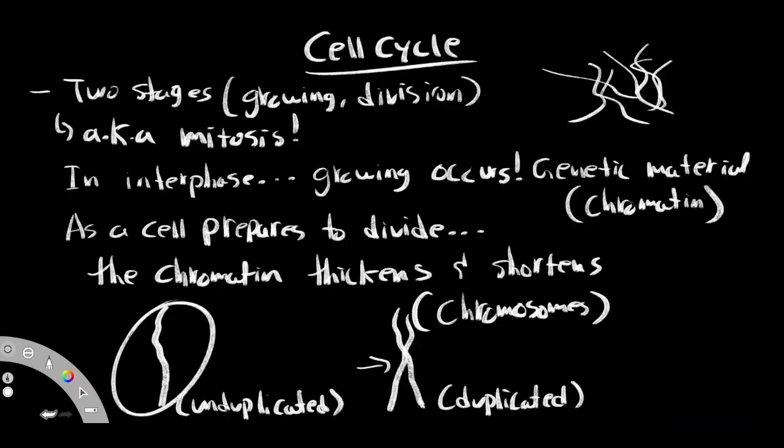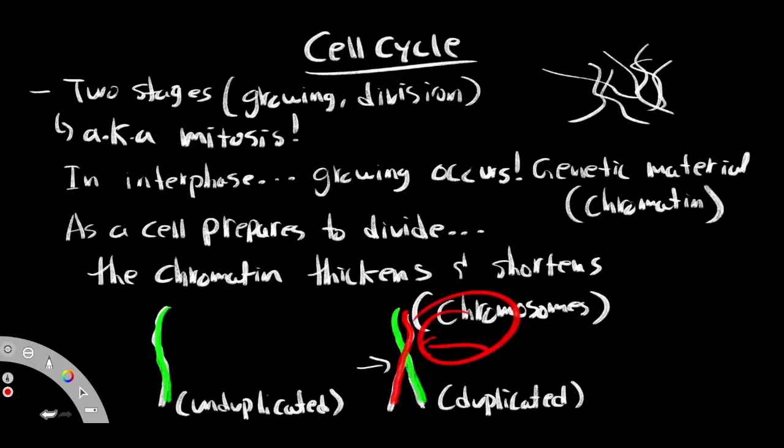This chromatin here, that's this one. This was that chromatin, but it's going to do its little replication, so now it's a duplicate of one another. This red one here is the sister chromatid to that former chromatin. They're connected by that centromere over there.